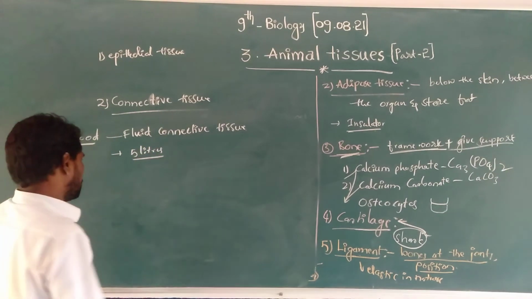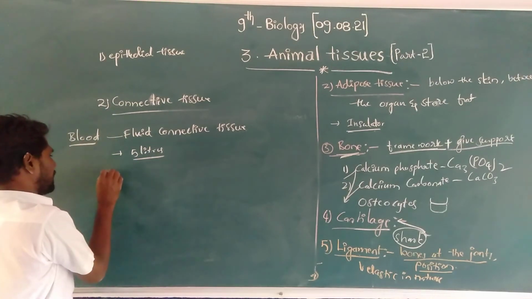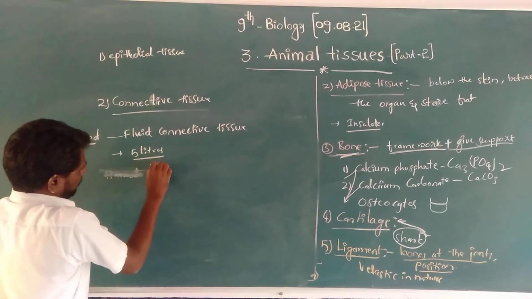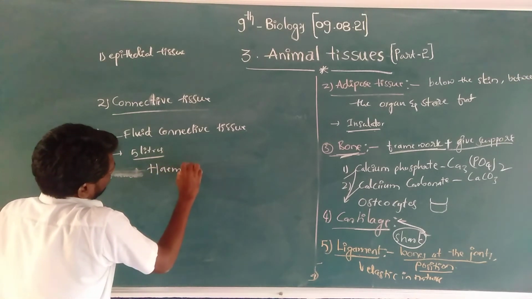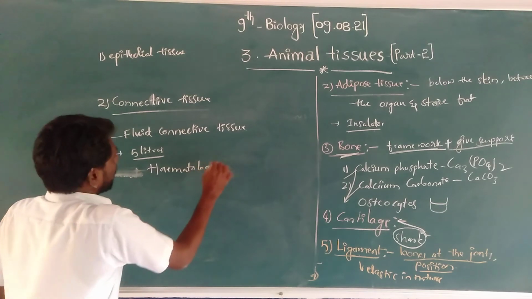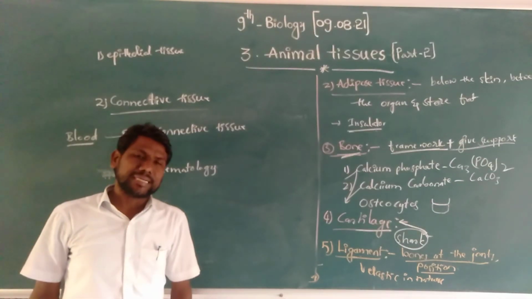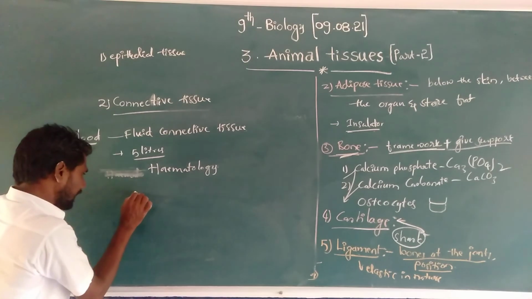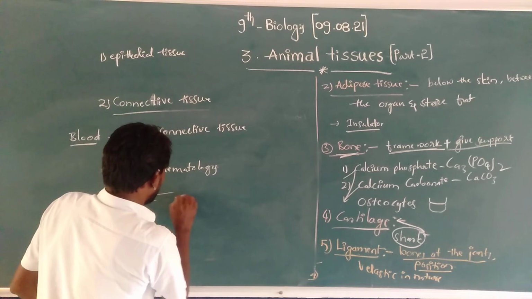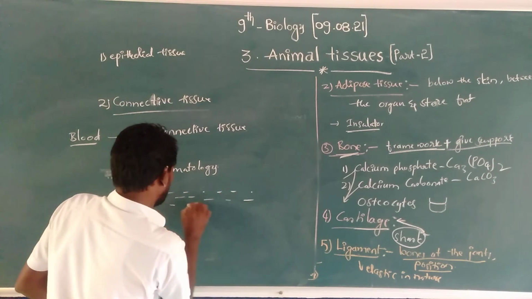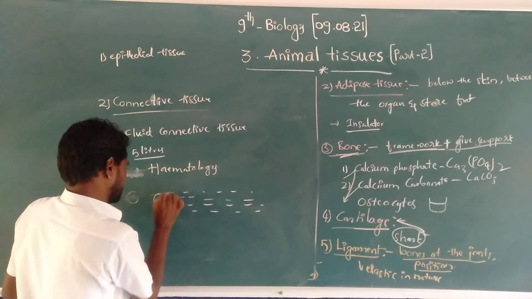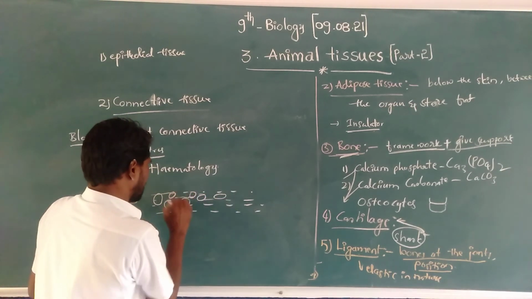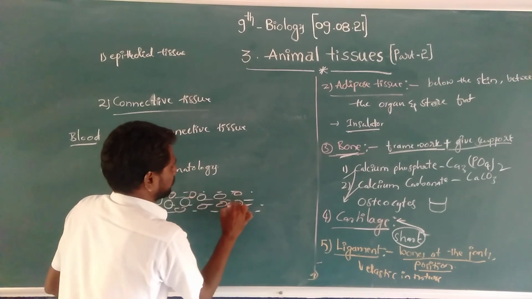The study of blood is called hematology. Why is blood called a fluid connective tissue? Because it is liquid in nature, and that liquid is made up of different types of cells. That's why it is called a fluid connective tissue.